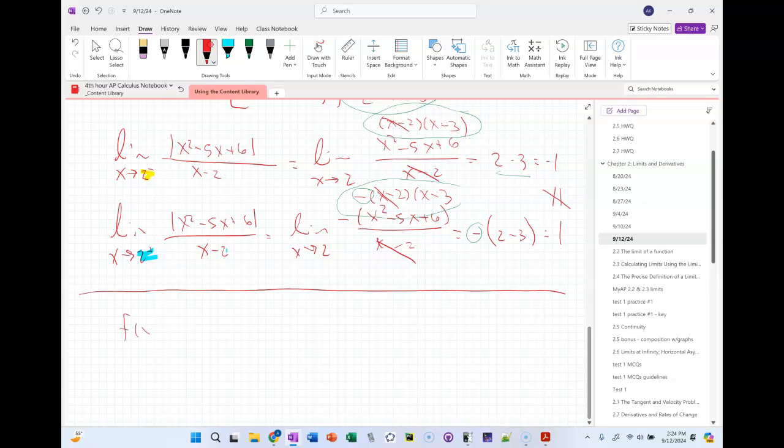Okay, let's say f of x is x squared minus 1. I'm just going to pick something. Well, let's make it a little bit more interesting. It's x squared minus 1 over x.